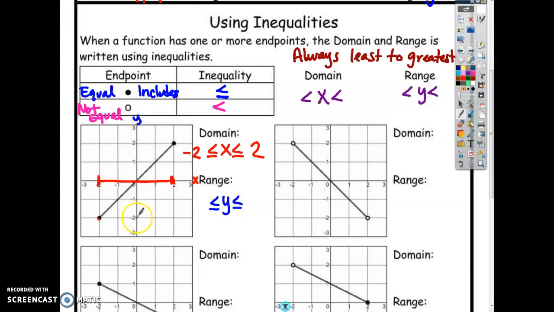So my y, the lowest point would be right here at -2, right? So -2 goes first. All the way up to what? 2, which in this case ended up being the same thing as the domain, but it's not going to happen all the time. Okay, so from -2 all the way to 2.